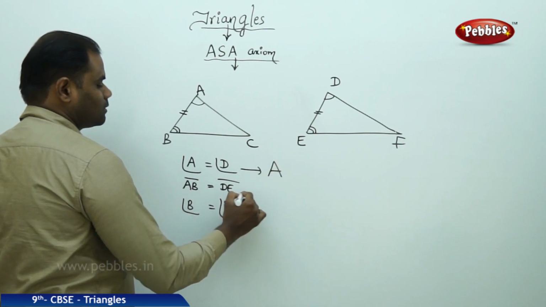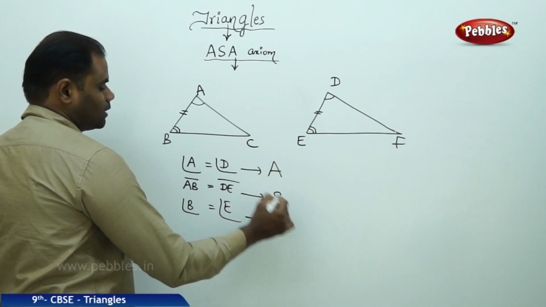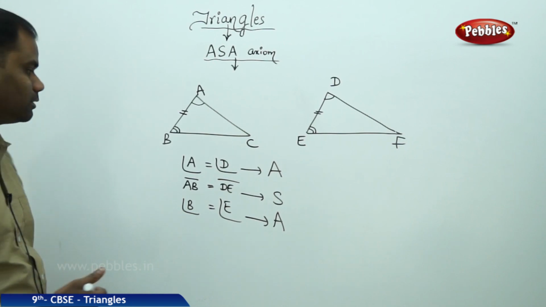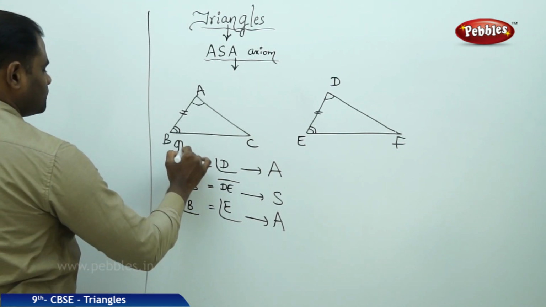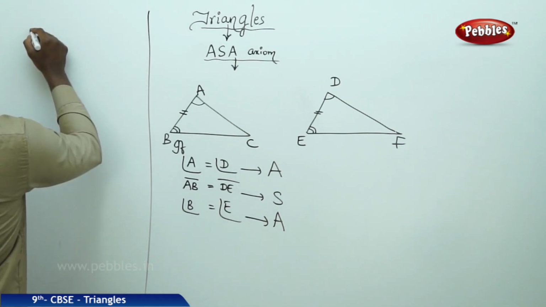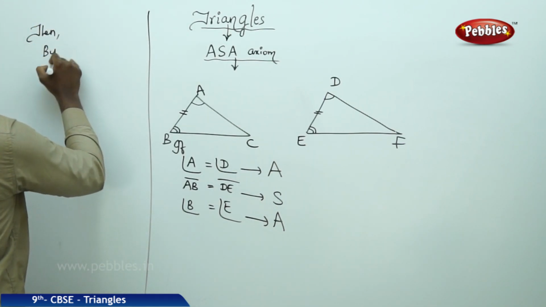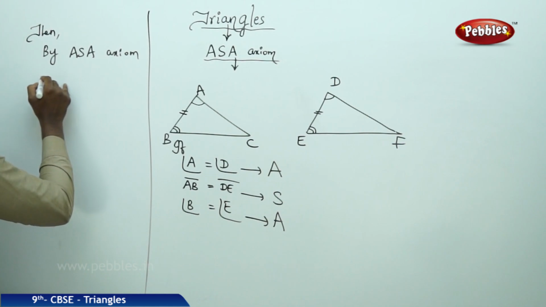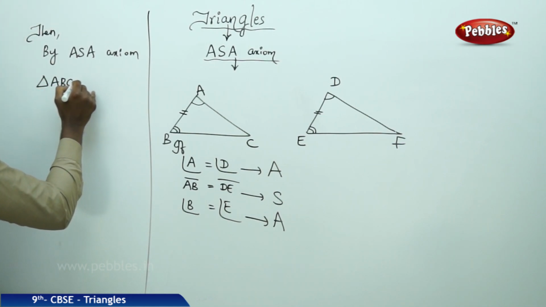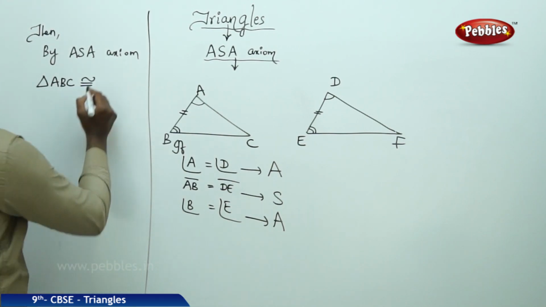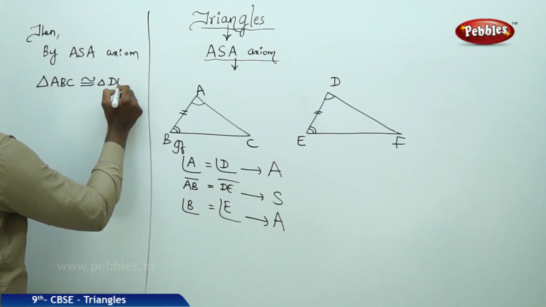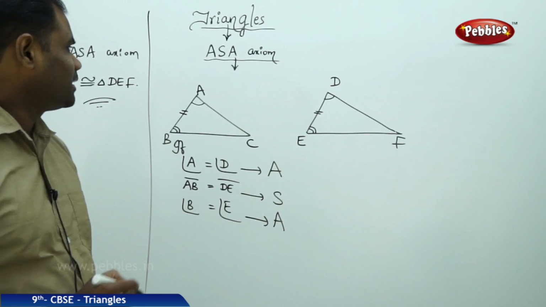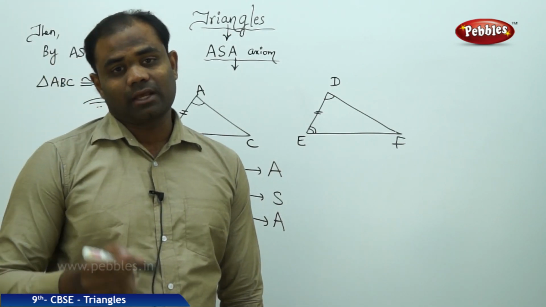This is A, this is S, and this is A. Angle, inclusive side, and angle, these three being equal, then by ASA axiom, triangle ABC must be congruent to triangle DEF, is how we understand the ASA angle side angle axiom.